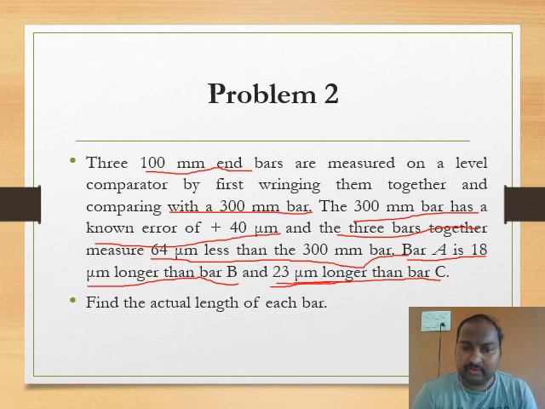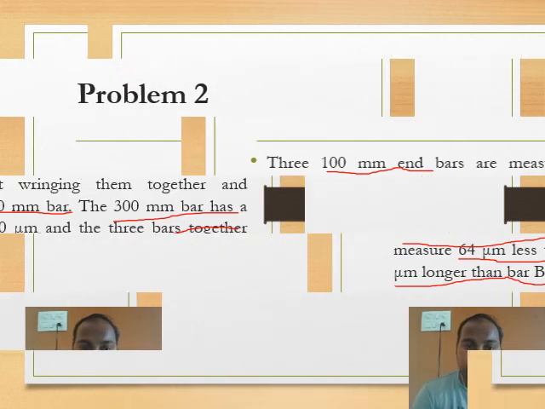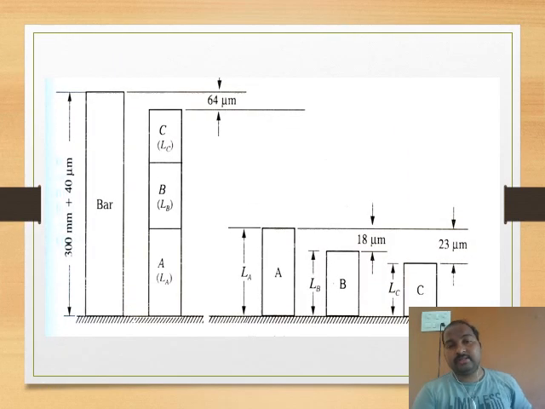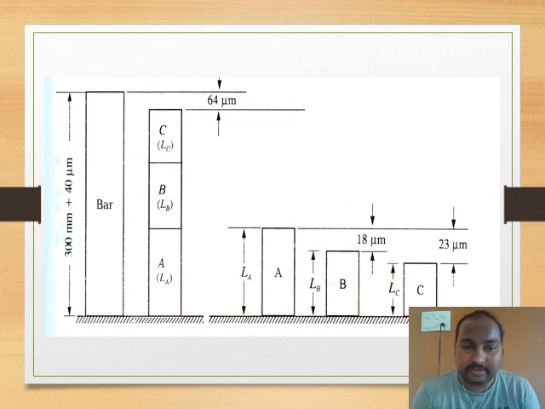You have to calculate the actual length of each bar, that is bar A, bar B, and bar C. First represent the whole given problem in terms of a figure. That is a very good practice and we have to follow it. Then almost half of the problem is done.